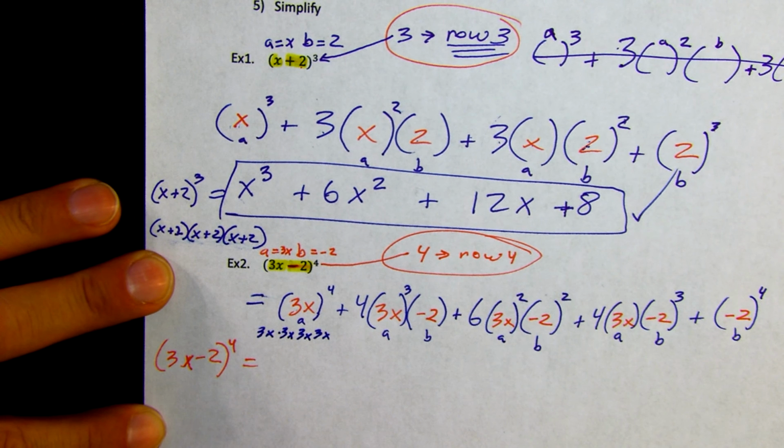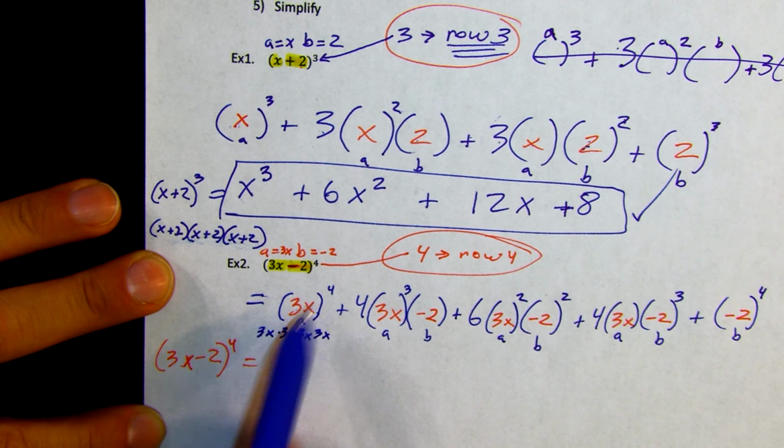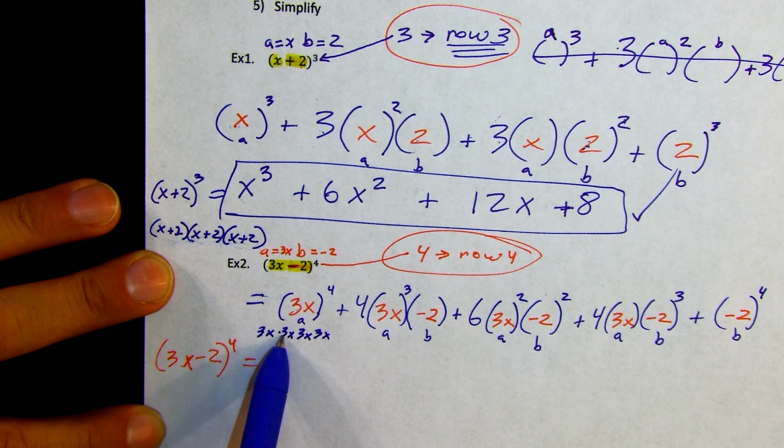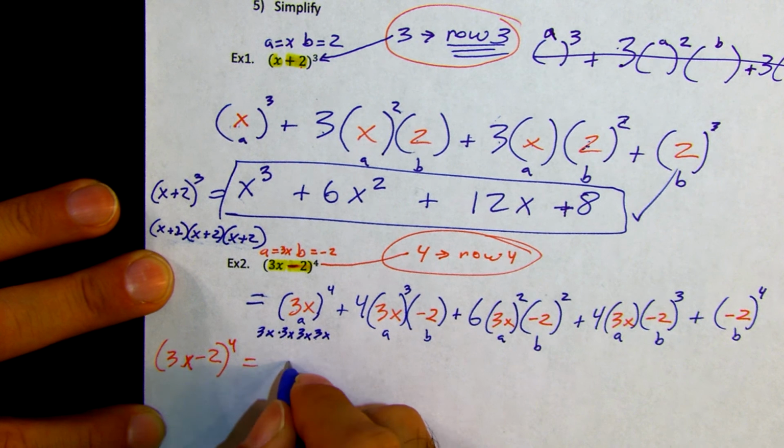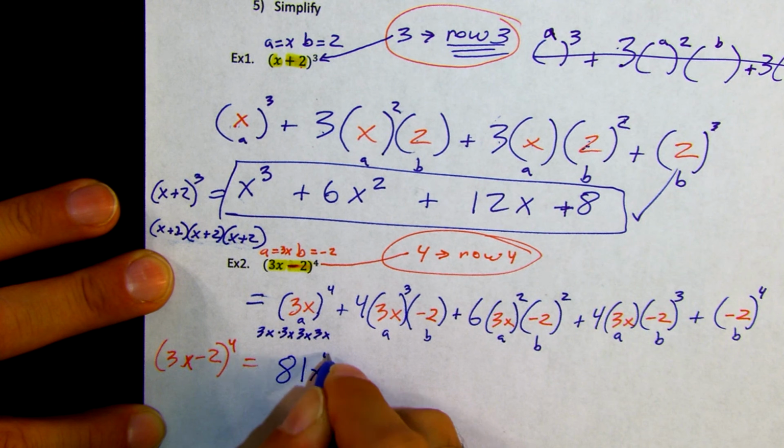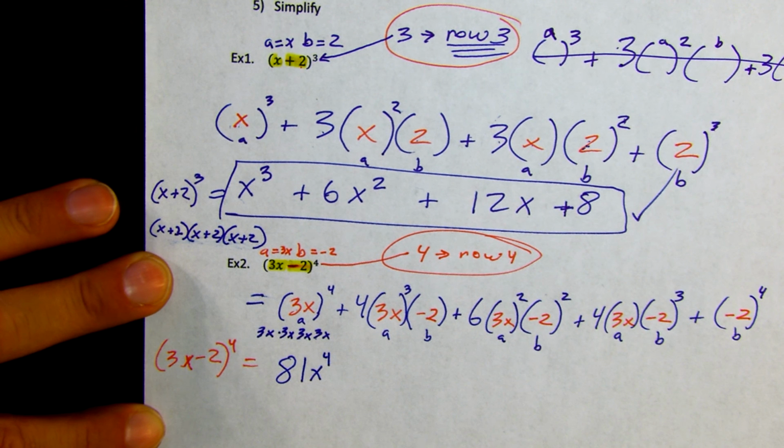If you expand it, you could see that this term is going to end up with x to the 4th. But look what we have. 3 times 3 is 9, times 3 is 27, times 3 is 81. So this ends up being 81x to the fourth. Use your calculator if you need on that. No worries.